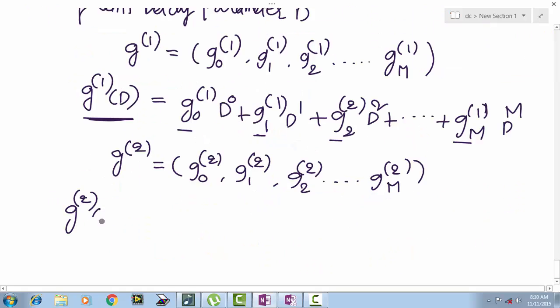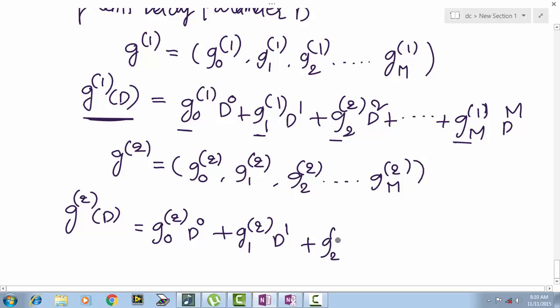So g2 of D is equal to g0 of 2 D power 0, plus g1 of 2 D power 1, plus g2 of 2 D squared, and so on, plus gm of 2 D power m.